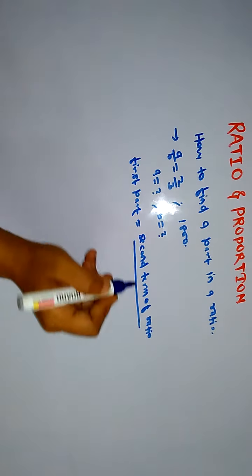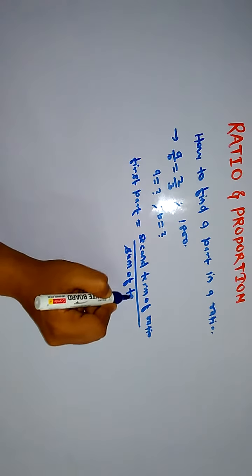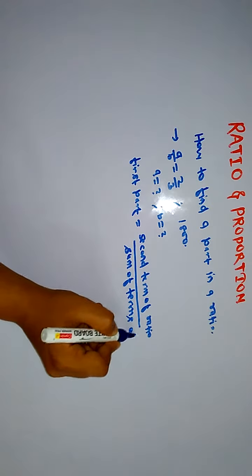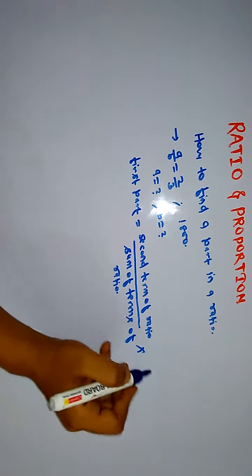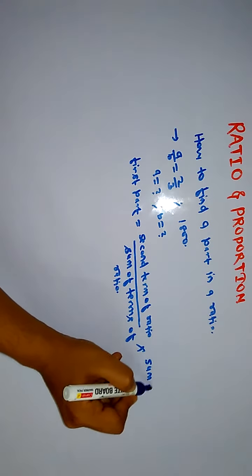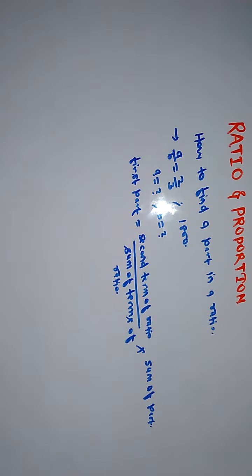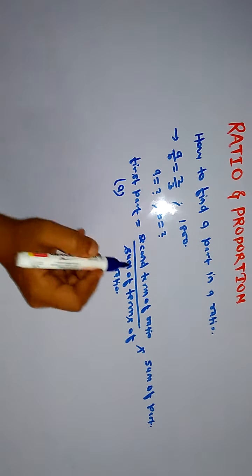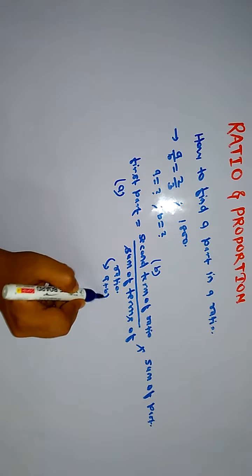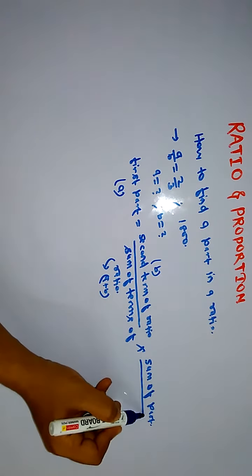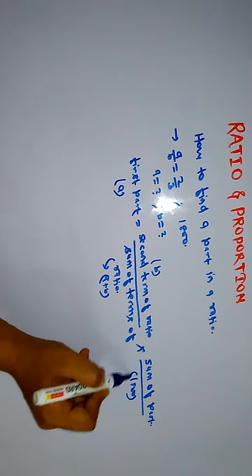upon the sum of terms of ratio, into the sum of parts. Here the first term is A, the second term is B, the sum of parts is A plus B, and this is the sum of terms of ratio, and this is the sum of parts, which is 1800.